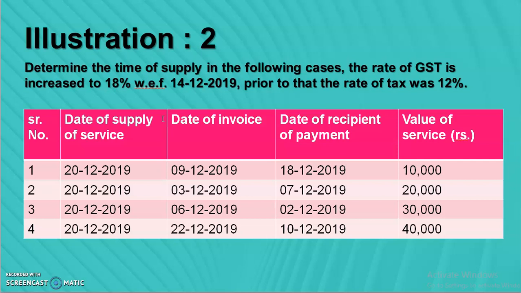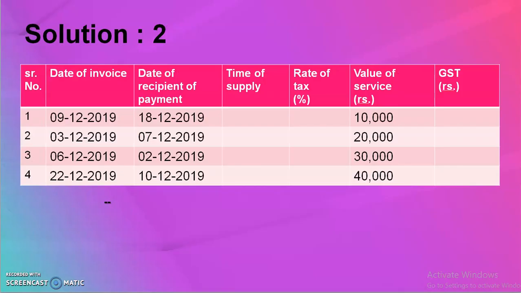In our previous lecture in illustration 1, we did same things, and the supply took place before change in the rate of tax. In our today's lecture, the supply is taking place after change in the rate of tax. Let's go further and go with the solution 2. Now on your screen, you can see our solution 2.